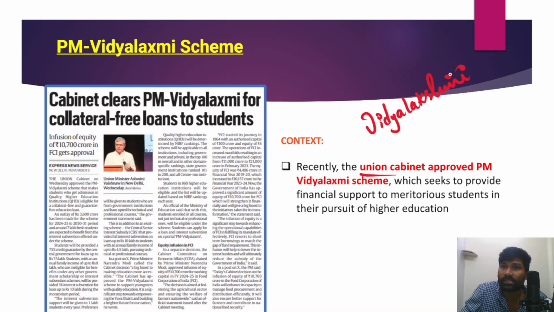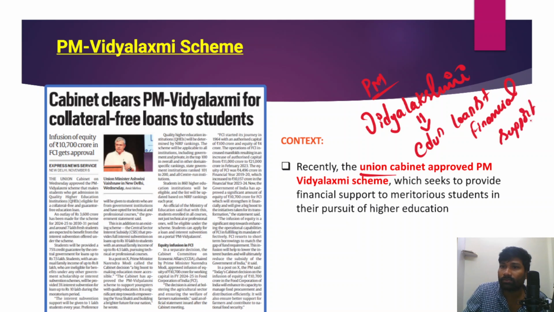So what is this Vidya Lakshmi scheme? The objective is to provide financial support to meritorious students, right? For example, it provides educational loans or financial support to meritorious students to pursue their higher education.